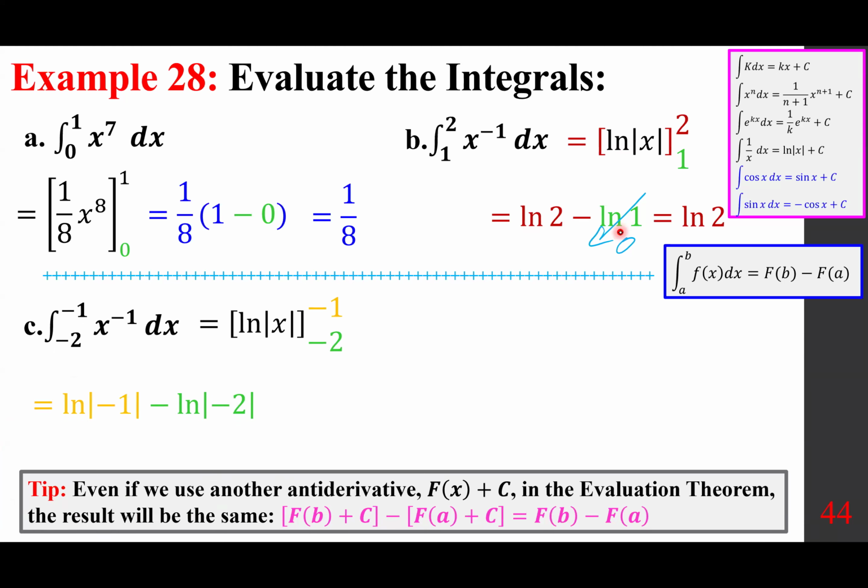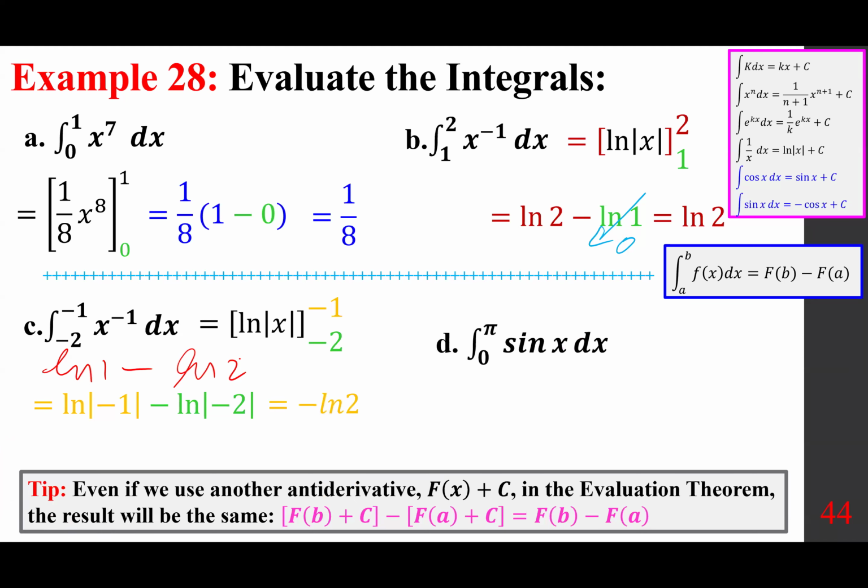If you lose the absolute value, ln of negative 1 is undefined. So this is ln of 1 minus ln of 2. ln of 1 is 0, so you get minus ln 2, a precise answer, everybody.